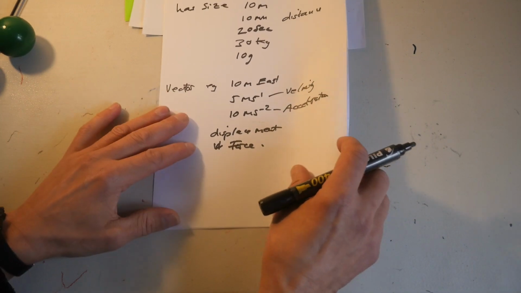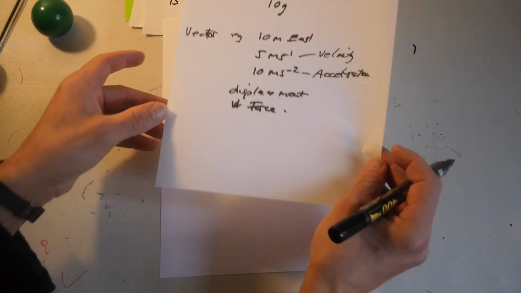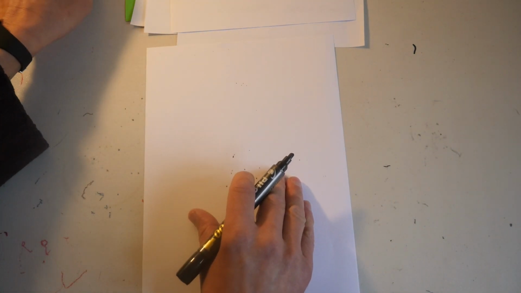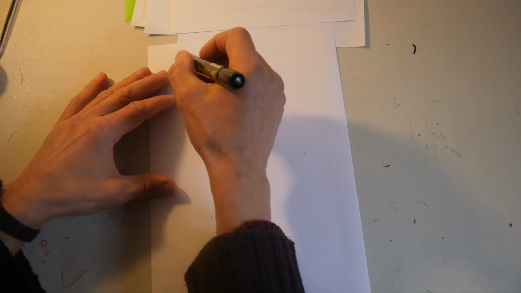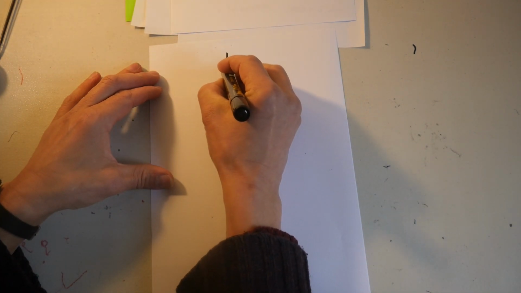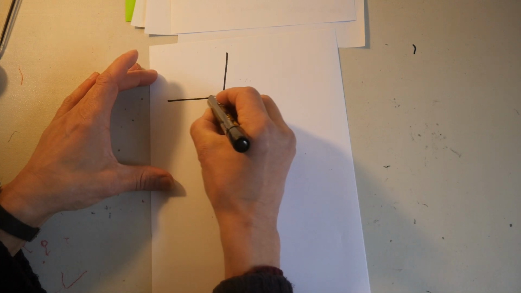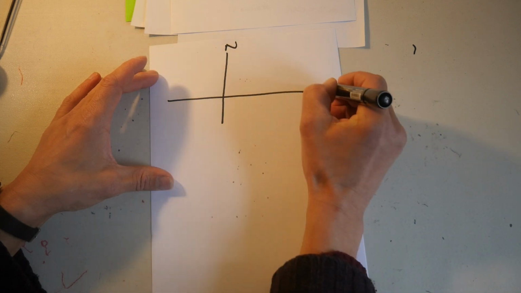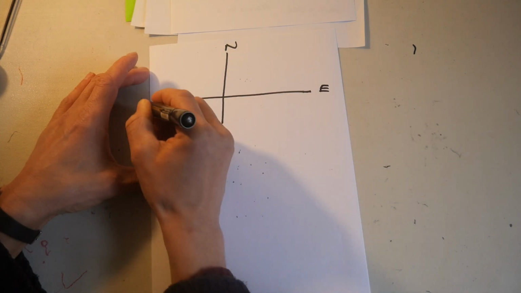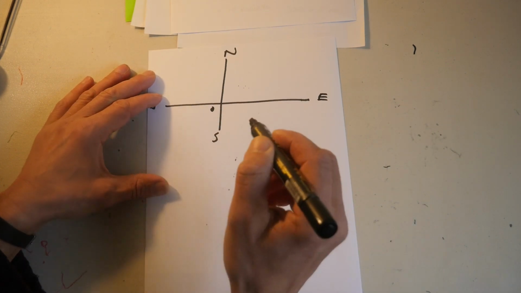So yeah, when you're dealing with vectors, you must always draw a vector diagram. Okay, so you have north, east, south, west. Okay, origin.